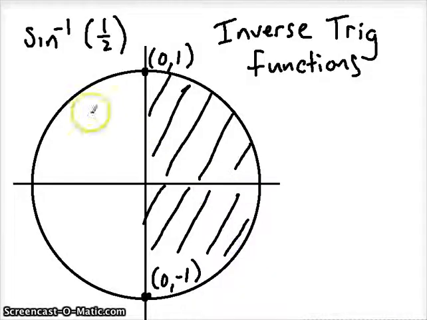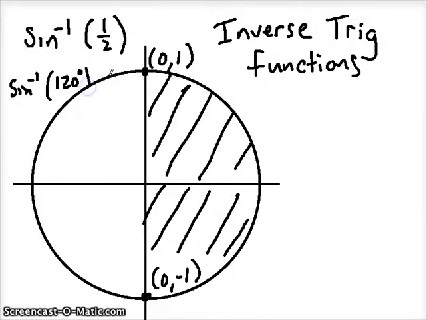We don't look at the left side. Over here would be all undefined possibilities for inverse sine. If you try on your calculator to take the inverse sine of, say, 120 degrees, it will give you an error or say undefined, because 120 degrees is over here, and that is not part of our domain or range in this graph of our inverse sine.